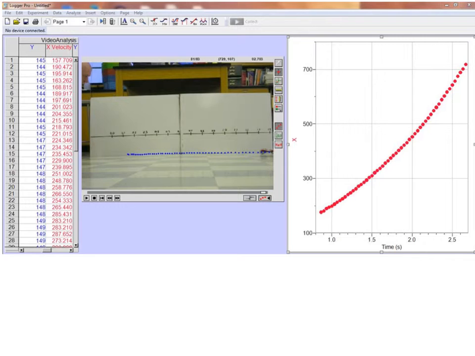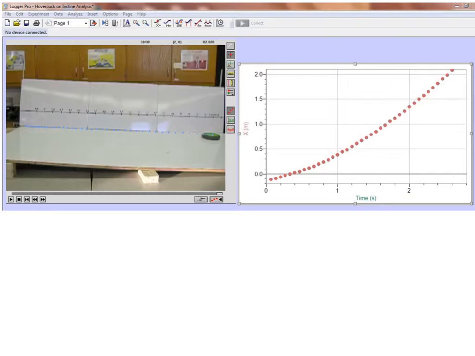And so the position versus time graph starts to slowly get steeper, and we observe that the position versus time graph is curvy as opposed to linear. And since it's getting steeper, that means it's getting faster.